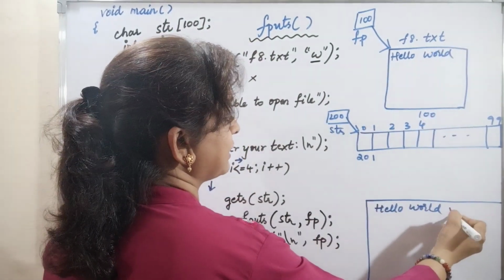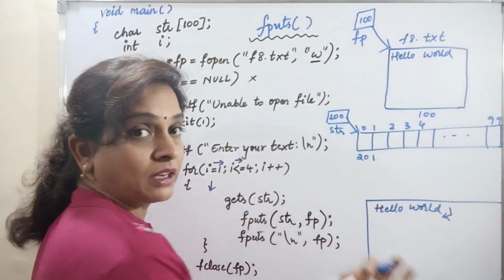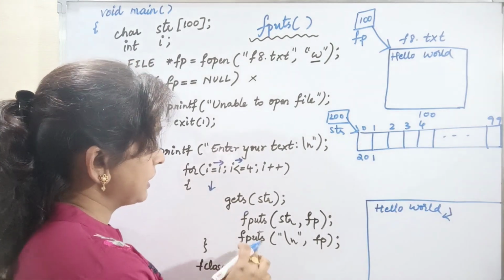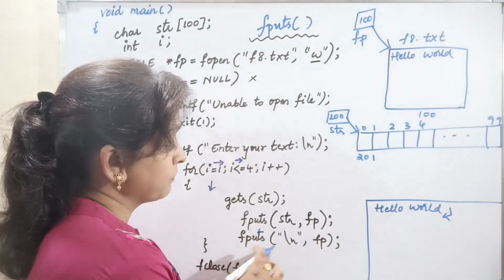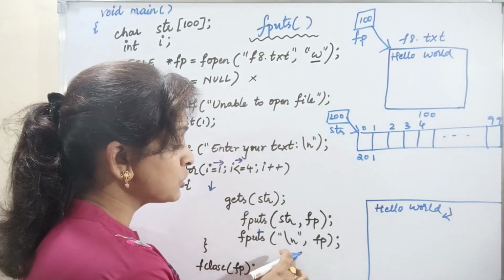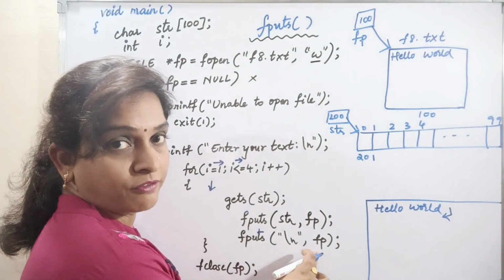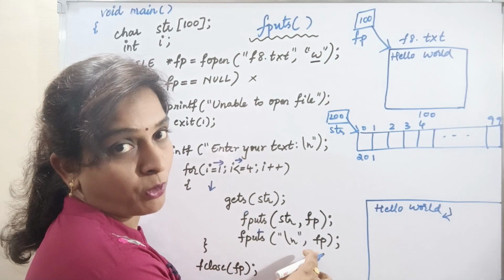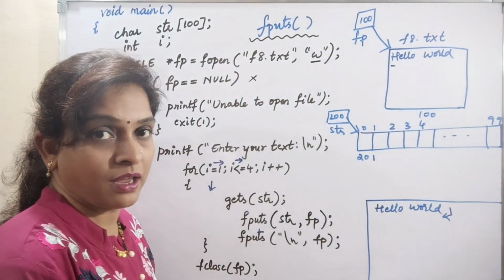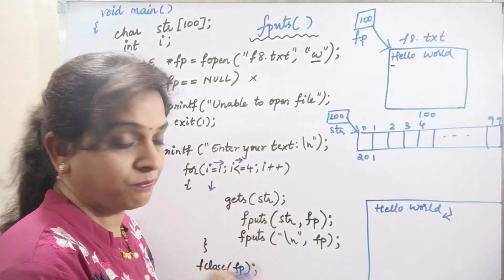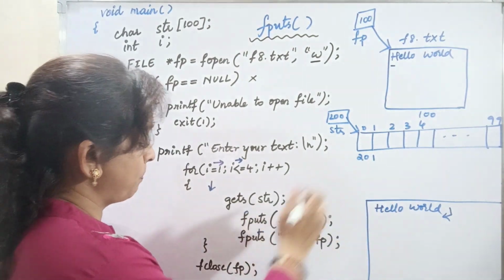Then when I press the enter key, it stops taking the characters. Then I say fputs, put the string, that is the new line, also to the file pointed to by the file pointer fp. So a new line will be stored in the file. Then loop back.